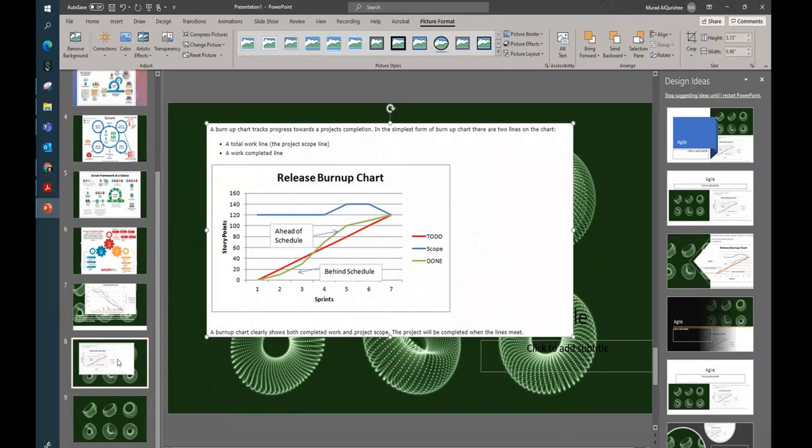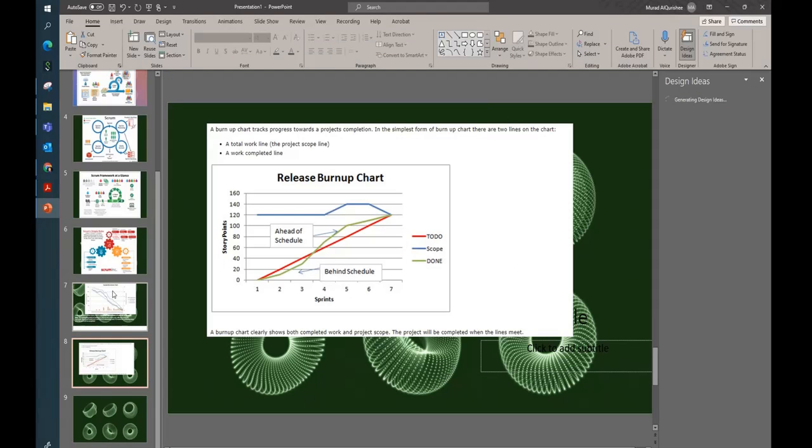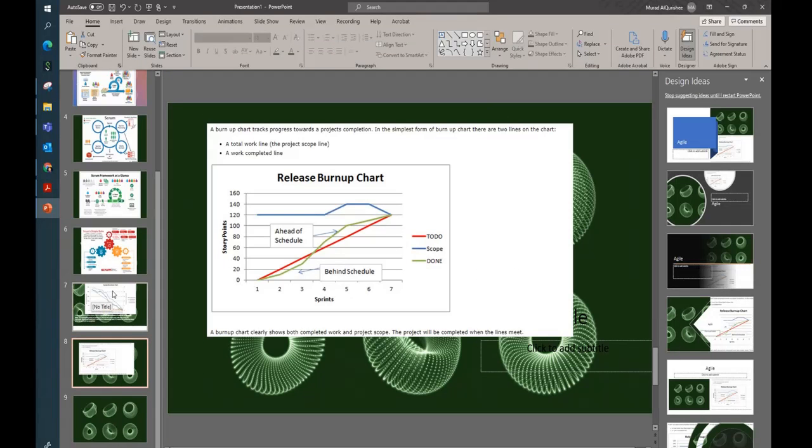Okay, so this is the burn down and burn up chart. So you will get some questions based on that. And also you will get some graph related questions from there. Like they can say point A, point B, and then point C. And based on that, they will ask which point represents ahead of schedule.